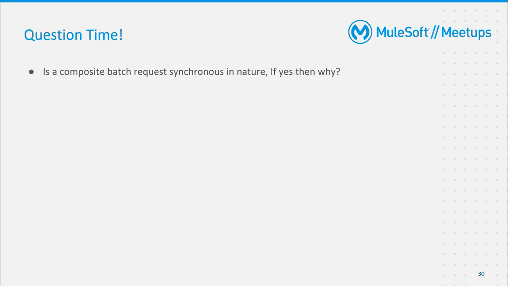Yes, certainly it's synchronous in nature because it follows REST principles, and in a Salesforce instance, when you use a batch composite resource, it will be synchronous and sequential in nature. Sequential as in, if you have 25 sub requests, each and every sub request will be executed one after another. And when we say one after another, that doesn't mean those are dependent on each other.